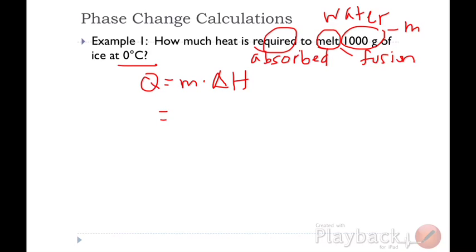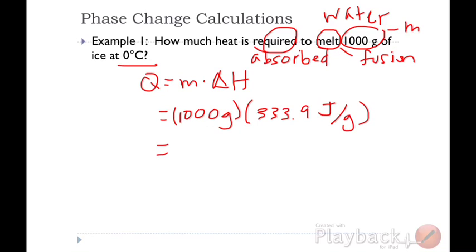So mass is 1,000 grams. And our heat of fusion for water is 333.9 joules per gram. And then we just multiply that. And our answer is 333,900 joules. That's the amount of heat that's absorbed.